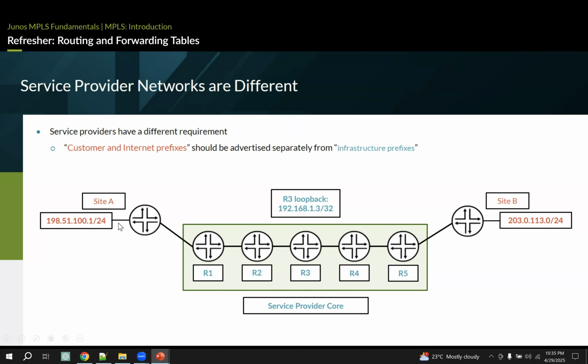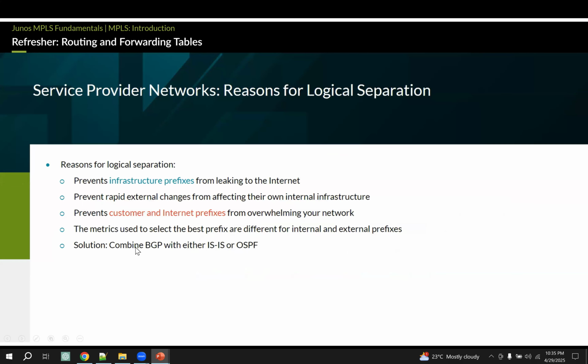Then your traffic will get the prefix through eBGP and be advertised through BGP, and finally advertised to another site. That is very simple. That's why we combine BGP with either ISIS or OSPF.